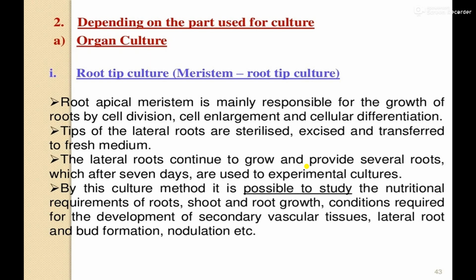By this culture method, it is possible to study the nutritional requirements of roots, shoot and root growth, and conditions required for the development of secondary vascular tissues, lateral root and bud formation, and nodulation.